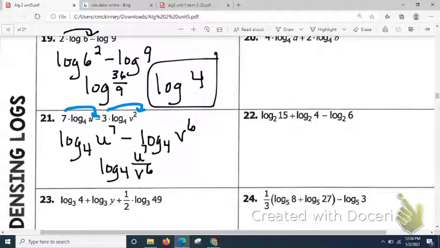So let's look there at 22, where we have some numbers and we actually have a plus and a minus. So remember that plus goes with times. So when I put the first two together, I'm doing log base 2 of 15 times 4, right? And then we're going to be dividing that by the 6 because of this minus.